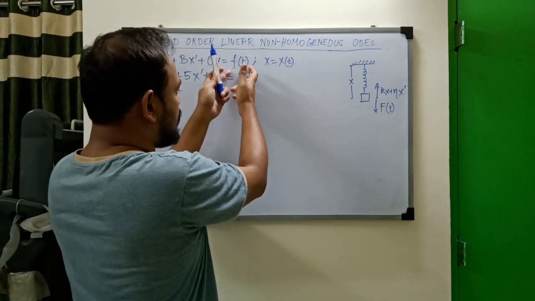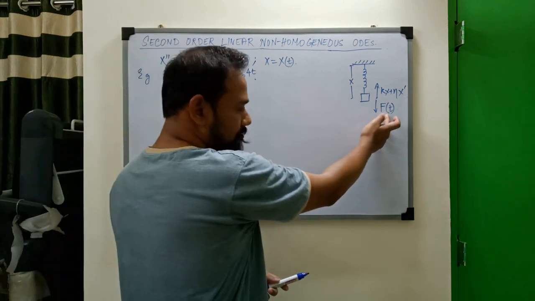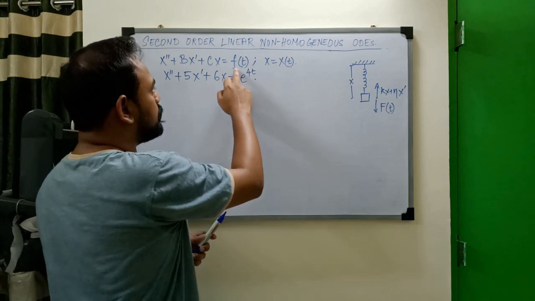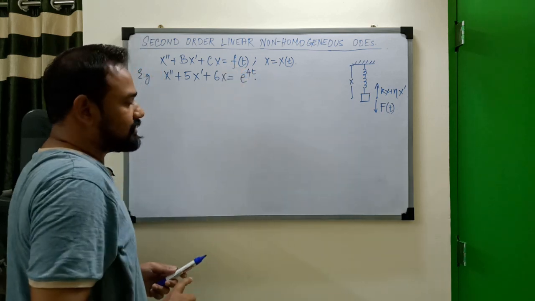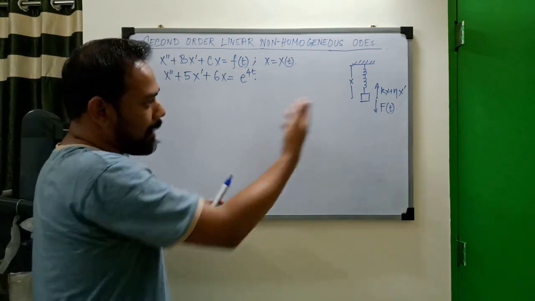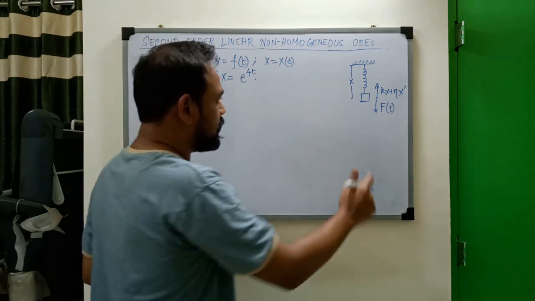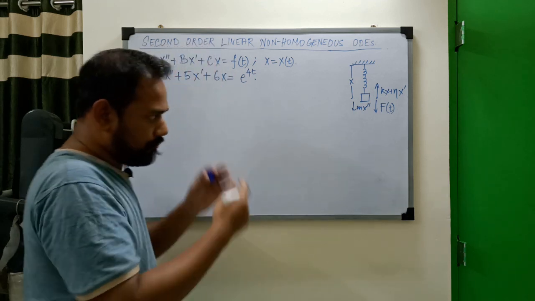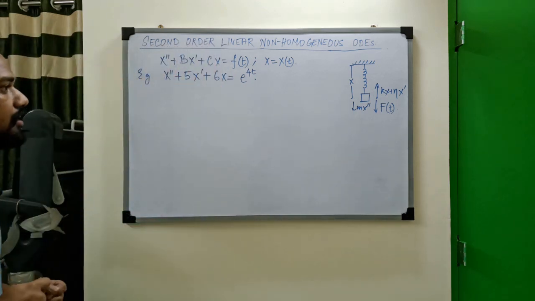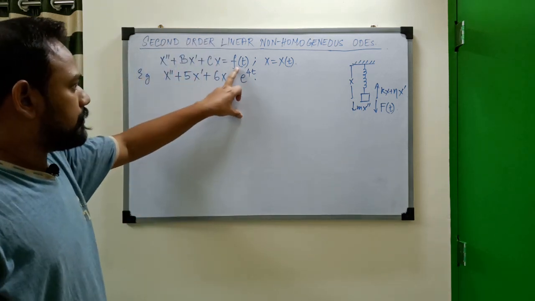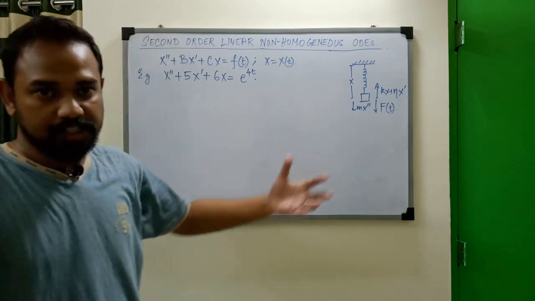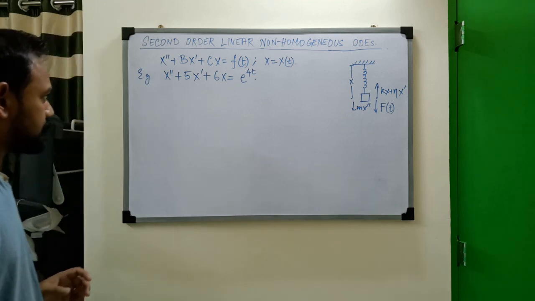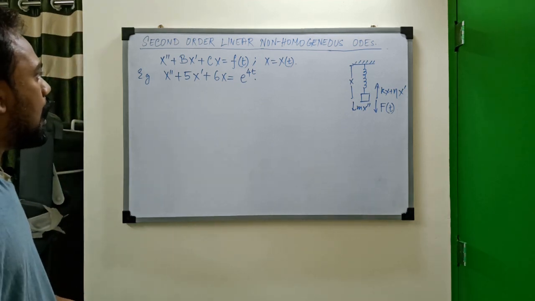But it is still a function of time, if capital F is a function of time. So we write the right hand side as small f, which is capital F by m, since force is mass times acceleration. Because this capital F is non-zero, the external influence is definitely there, so the right hand side is a non-zero function of time.